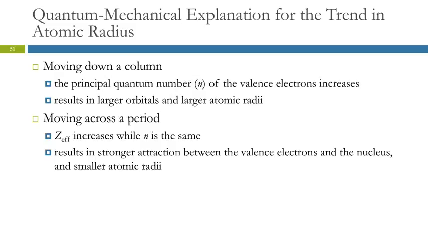You're adding valence electrons, but you're also adding protons, right? So more protons, same number of core electrons, higher effective nuclear charge. That higher effective nuclear charge pulls those valence electrons in tighter, and so we see a smaller radius. Any questions?